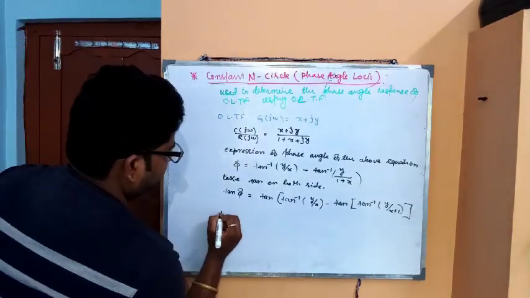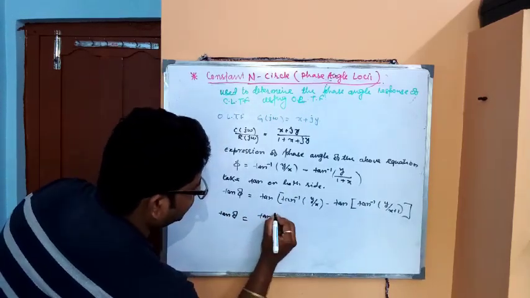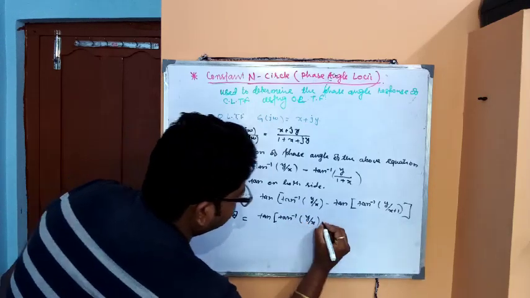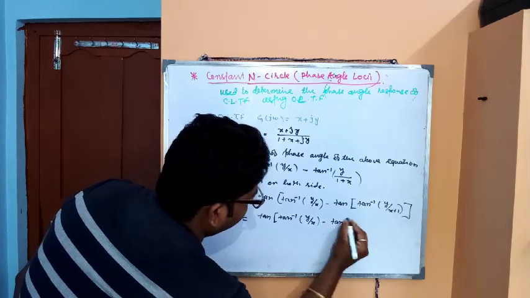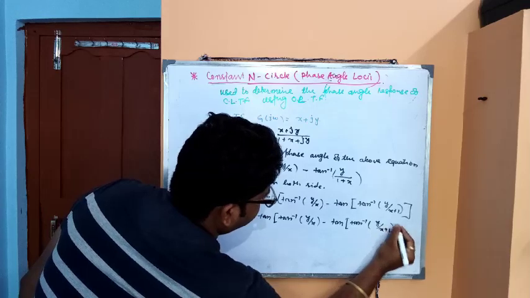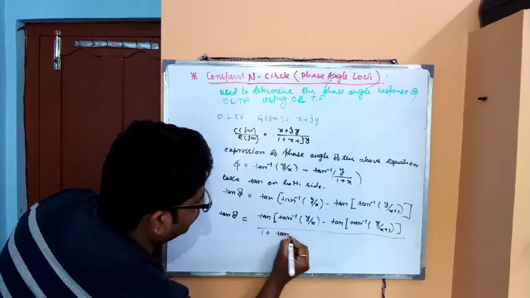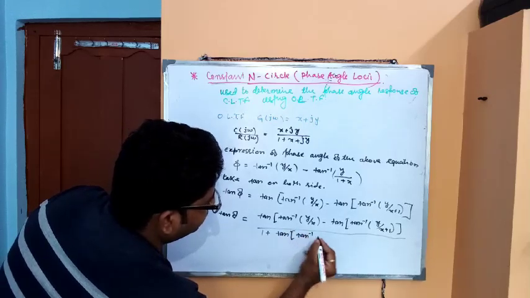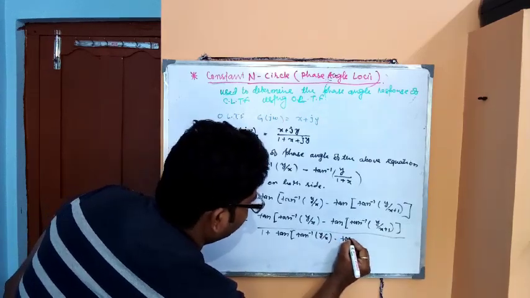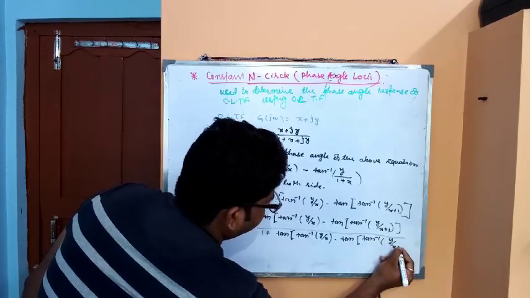So this expression can be written as tan phi is equal to [tan of tan inverse y by x minus tan of tan inverse y by (x plus 1)] divided by [1 plus tan of tan inverse y by x into tan of tan inverse y by (x plus 1)].